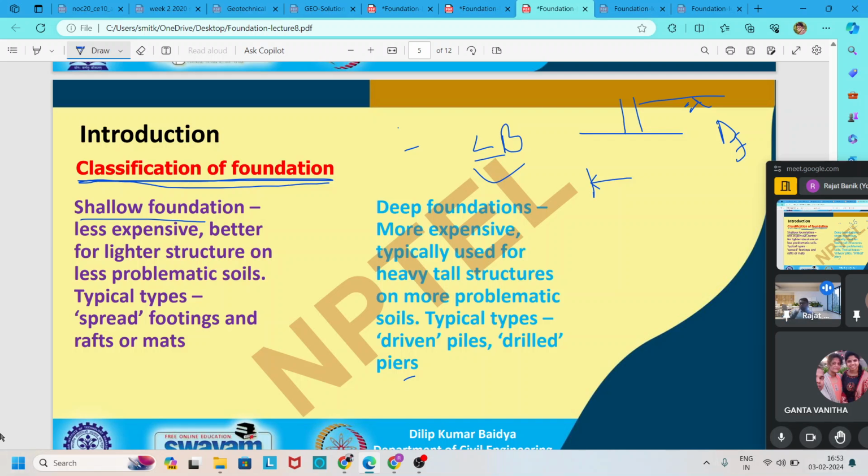So we mostly go with the shallow foundation. If our structure is very tall, like more than 5-story or 10-story building, and also the soil is very problematic, then we mostly go with the deep foundation like piles or drilled piers.